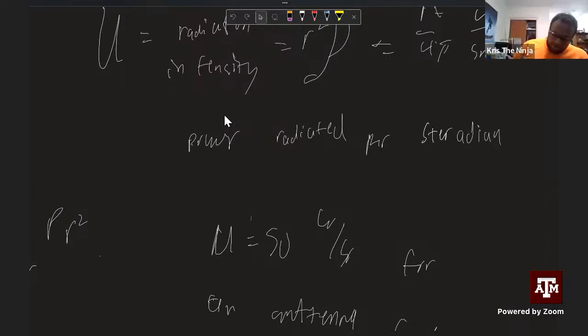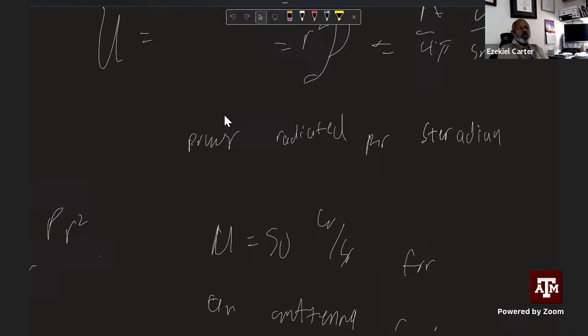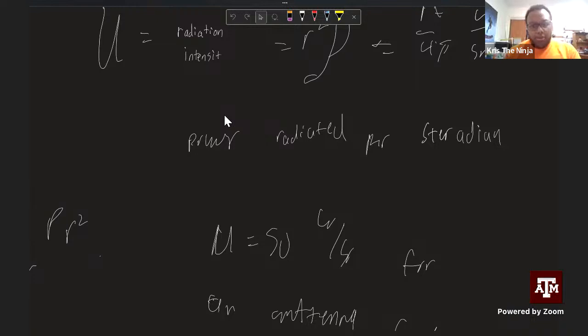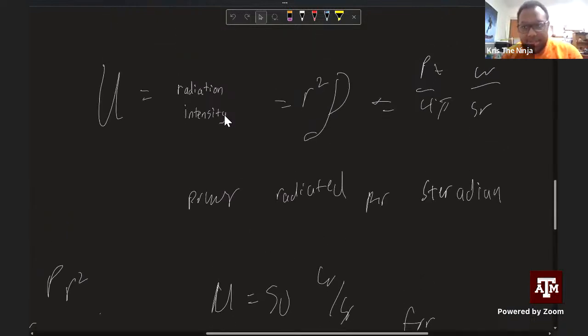Let me write that a little more clearly. What does the term U stand for? I don't really know, I just know it represents radiation intensity.